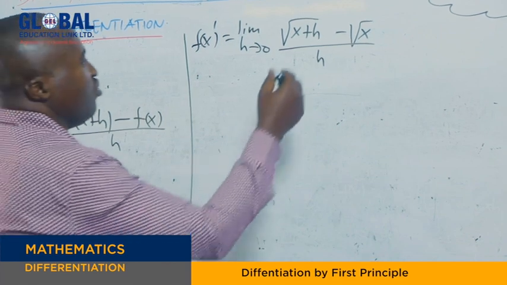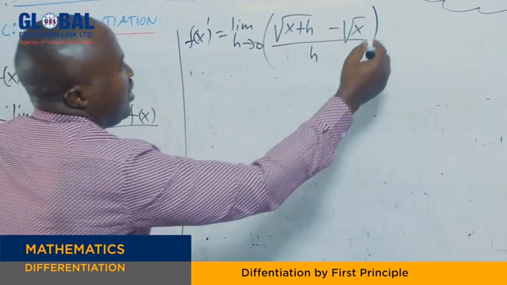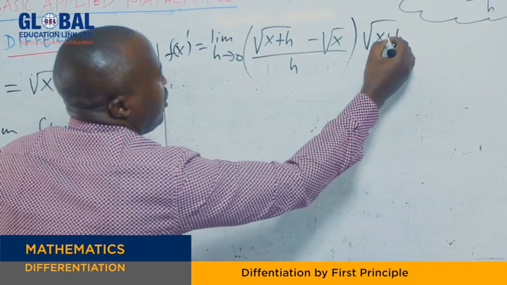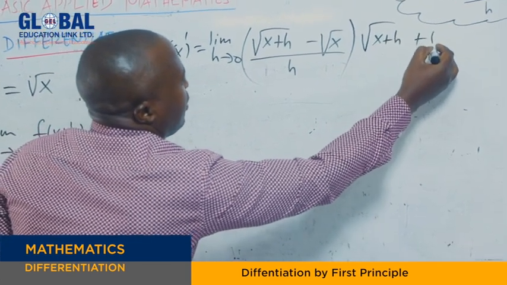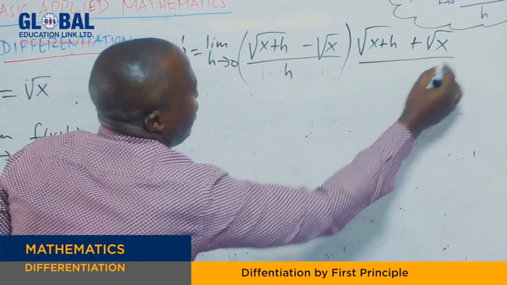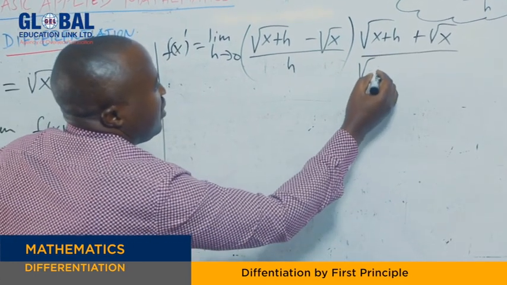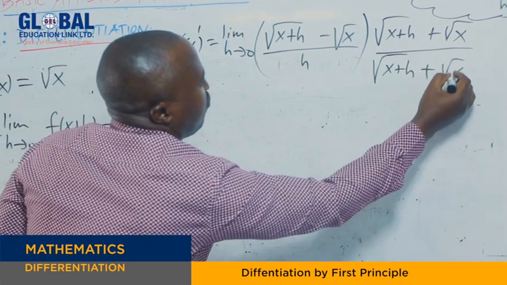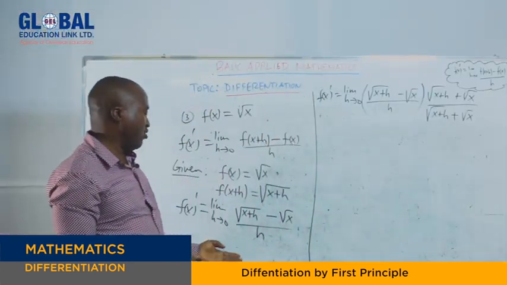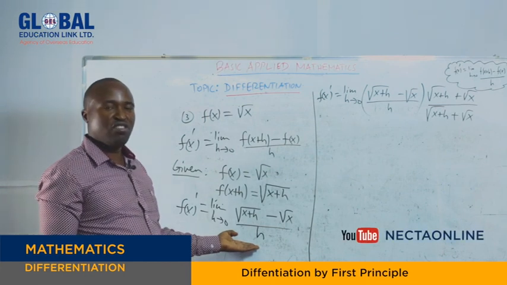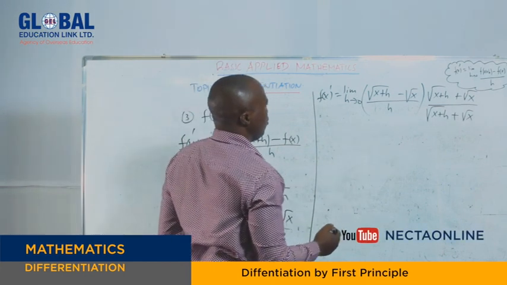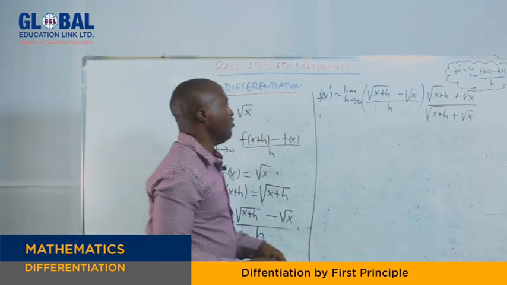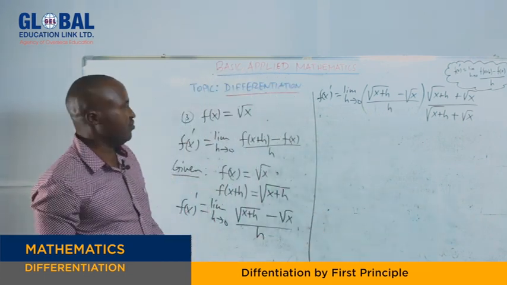So here we change the sign by saying the square root of x plus h plus the square root of x, over the same, that is the square root of x plus h plus the square root of x. But remember, in our formula we have the denominator h, which we have already divided by.